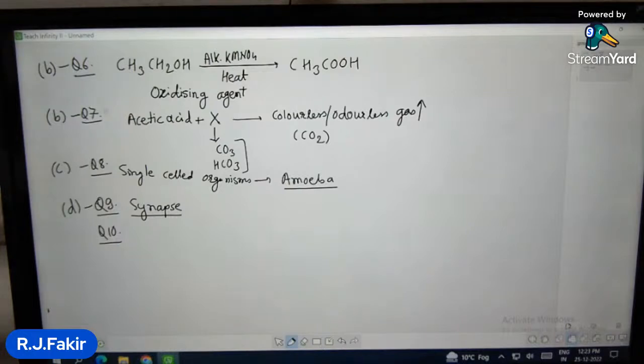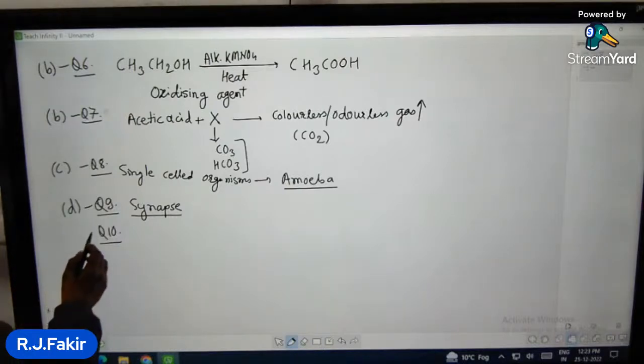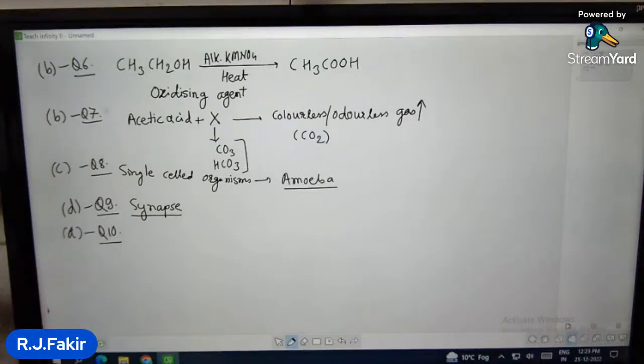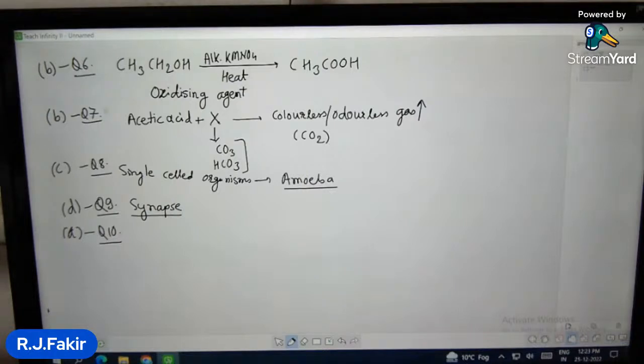So here A option is correct, and A option is about the first and second statement.